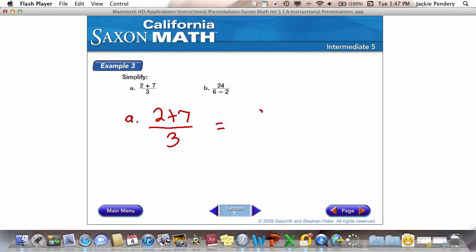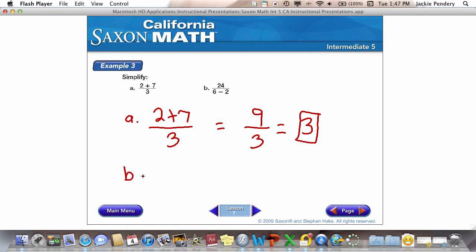So 2 plus 7 is 9 divided by 3, and 9 divided by 3 equals 3. If I try to divide 2 divided by 3 and 7 divided by 3, that just gets really ugly math. So whenever you see an addition or subtraction problem, this is where the PEMDAS is actually going to change just a little bit. You need to solve this to get one number before you can do the division.